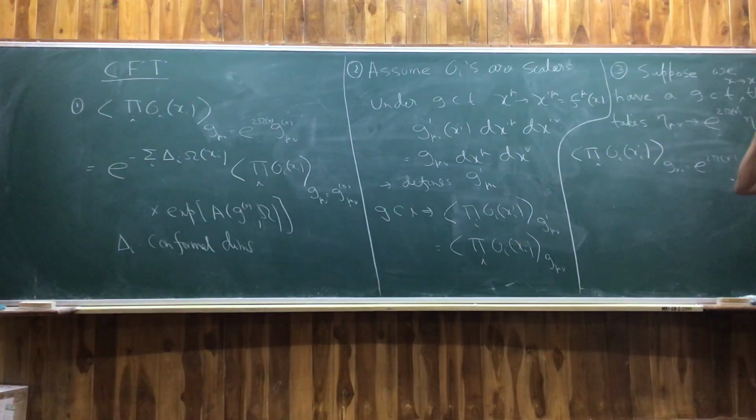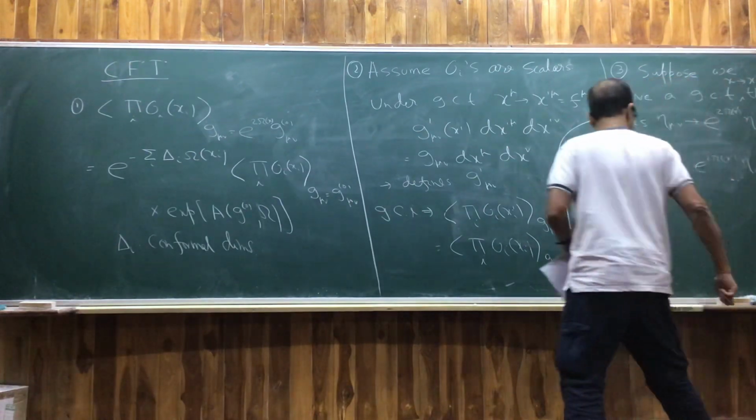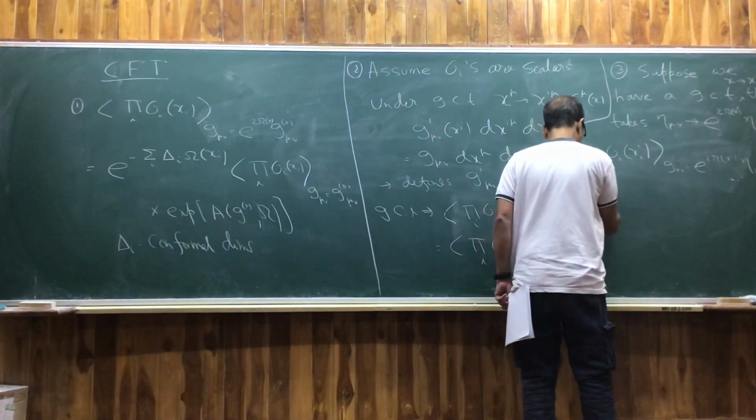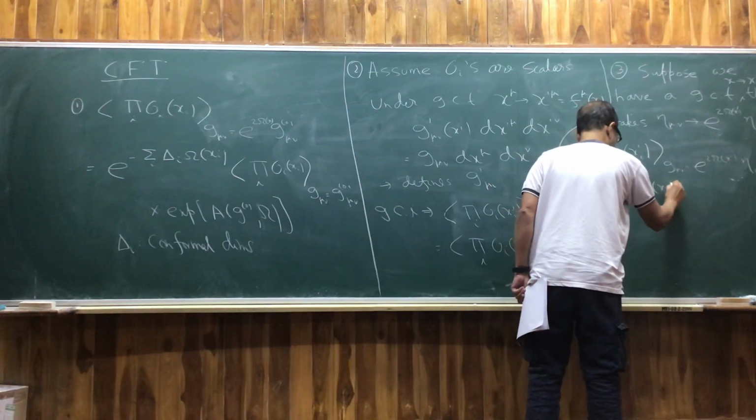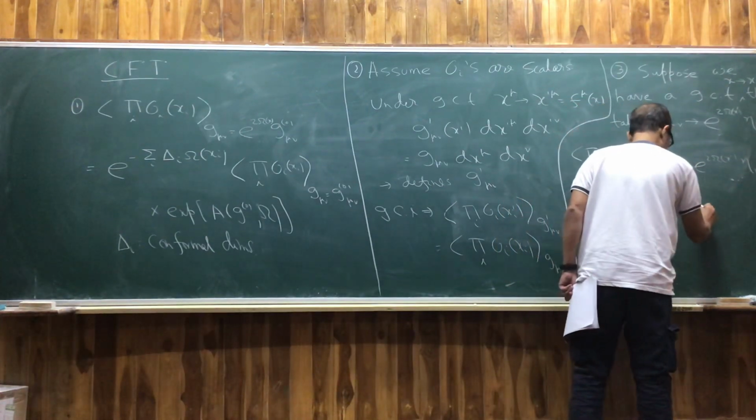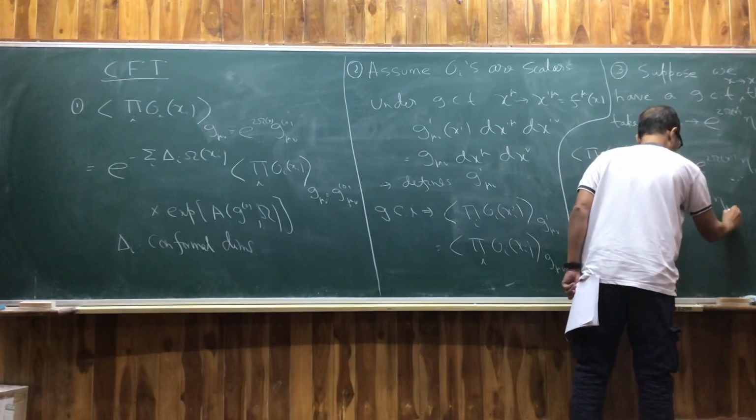A simple example is a Lorentz transformation. For a Lorentz transformation, ω is just 0 because it takes η_{μν} to η_{μν}. But scaling, for example, will change it and give some non-zero ω. So this is equal to the product over i of y_i(x_i) at g_{μν} equal to η_{μν}.